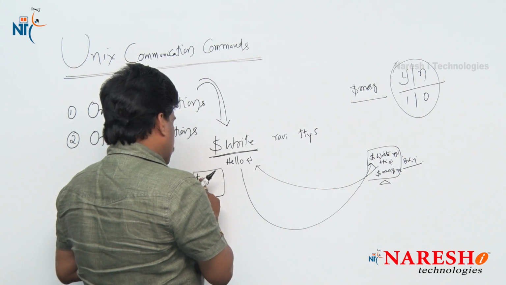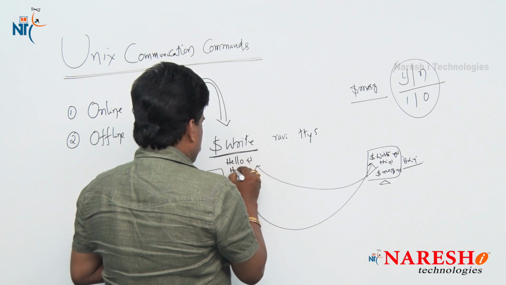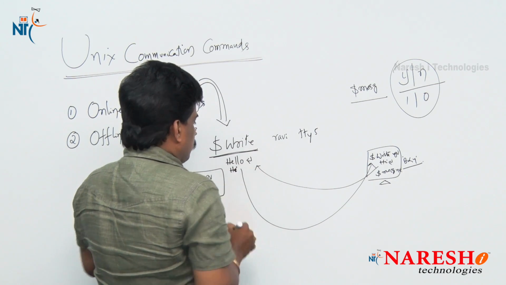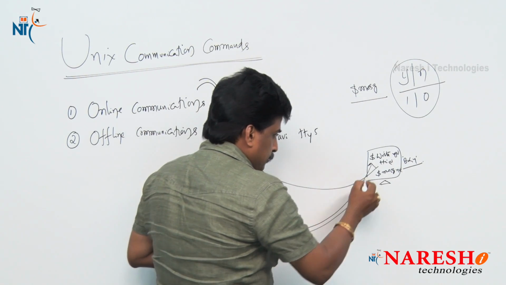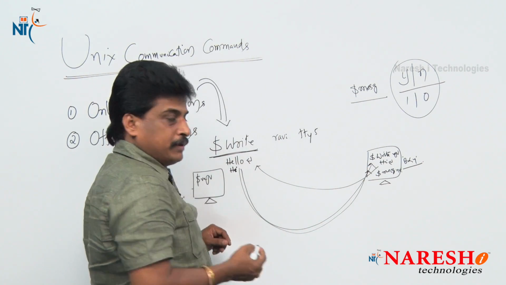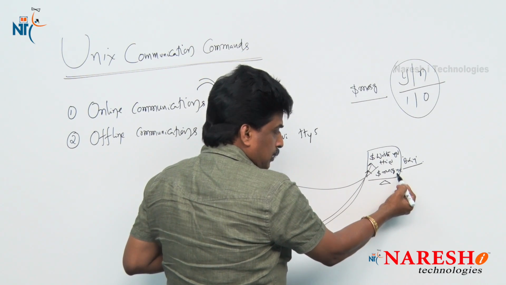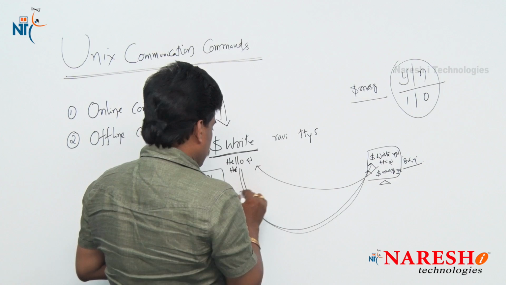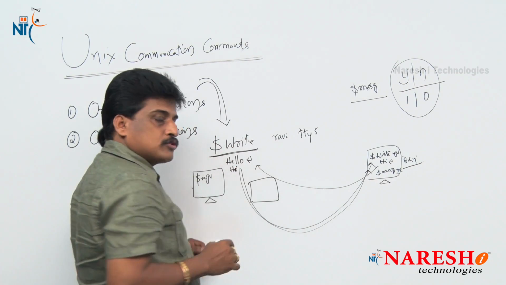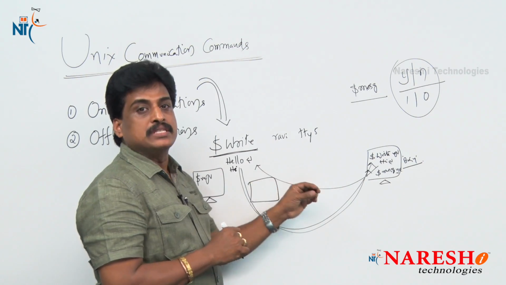He types hi. Whenever he types hi, the request goes to that terminal and it immediately gives MESG N, permission off, meaning it is not allowing any message. Now it immediately gives here, sorry, message unable to be delivered, user busy.